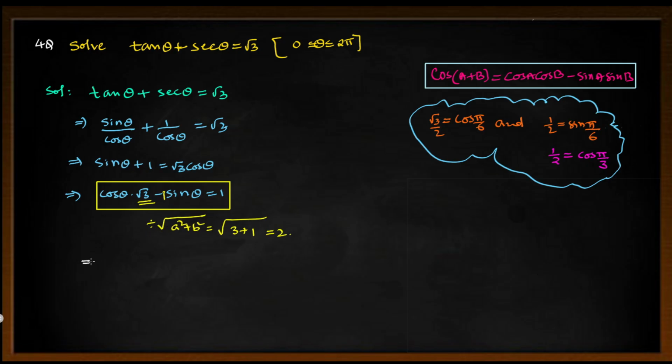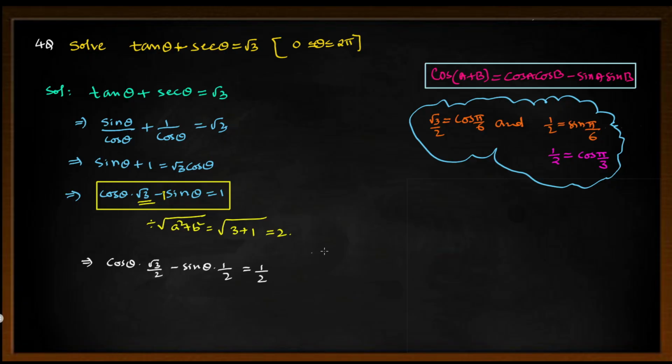Cos theta has root 3 by 2, sin theta has 1 by 2, and the right side, 1 divided by 2, becomes 1 by 2.